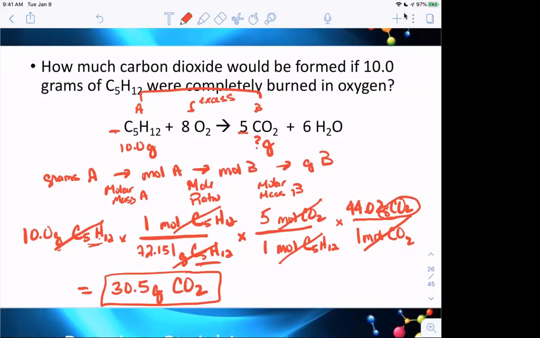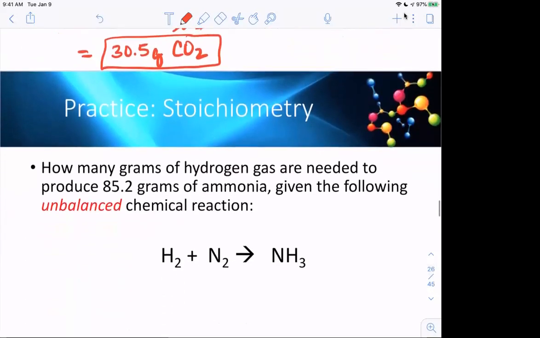Grams of C5H12 can't cancel with grams of CO2. So in this section, you need to not only put the unit, is it grams or moles, but you also have to put what substance you're talking about, because otherwise you're going to get very confused and you're not going to know where you are in your calculation. You always want to follow the units.